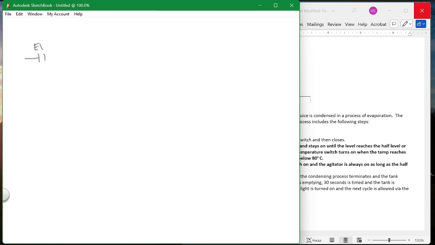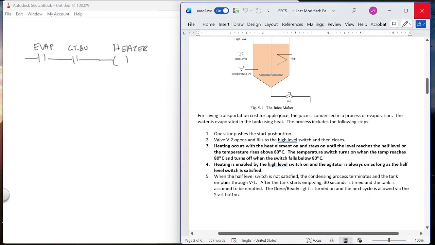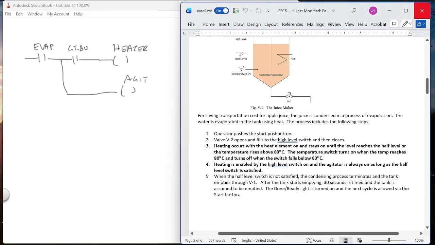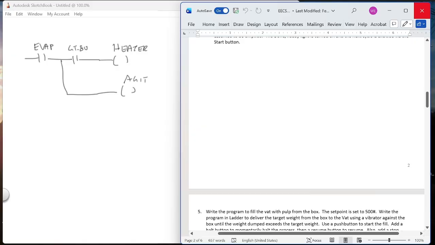So you're in the evap, and you're greater than 80, and that turns on your heater. This is backwards, but it reads this way, so that's what you do. And then also, as long as you've got your evap going on, you're doing your agitator. So that's all that is. Not a big deal, but just reading through that was all it was.